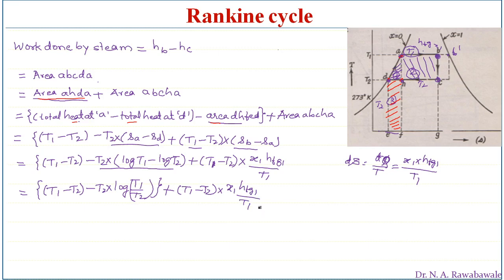On further simplification we can see T1 minus T2 is there, and here also T1 minus T2 is there. So taking T1 minus T2 as common in these two terms, only 1 is going to remain, 1 plus X1 into HFG1 divided by T1 remains in the second term.